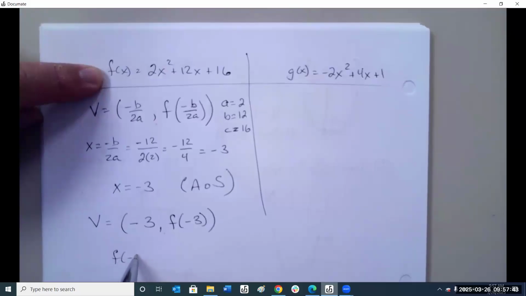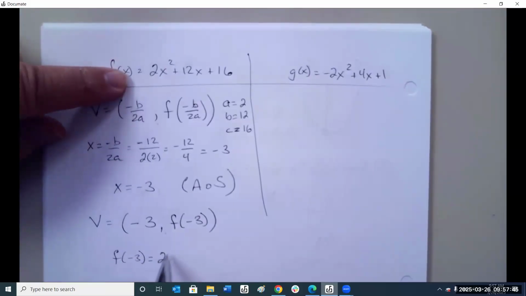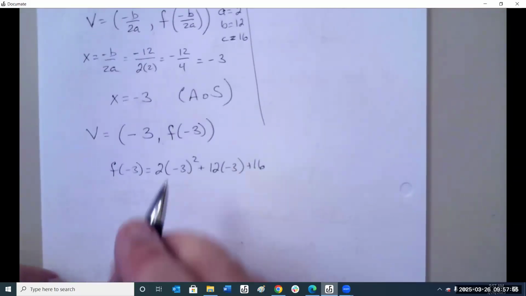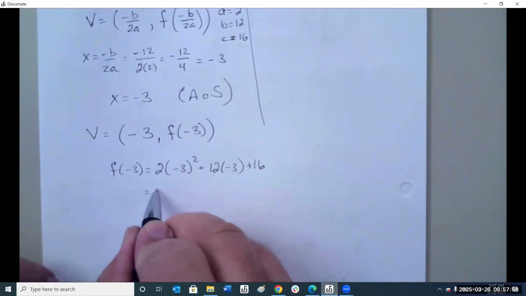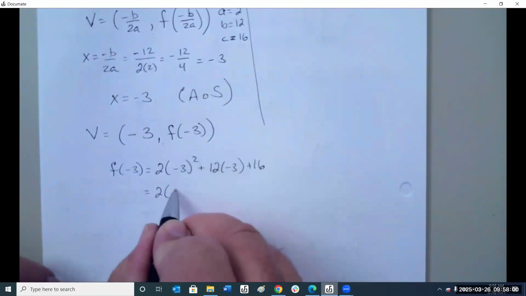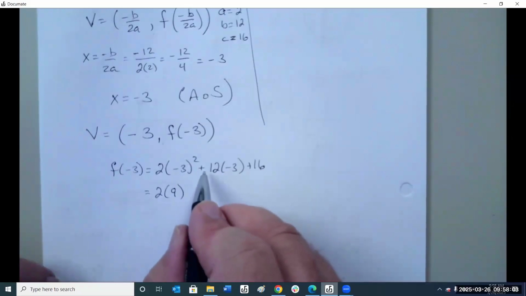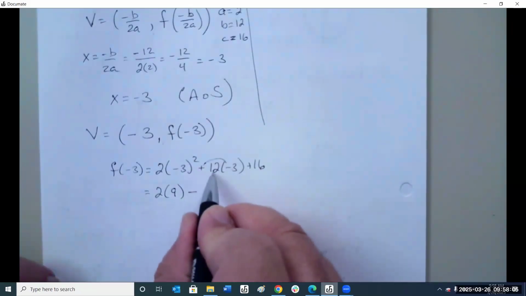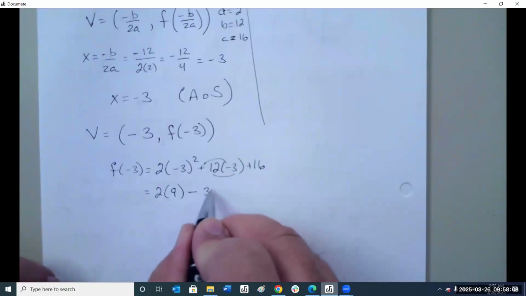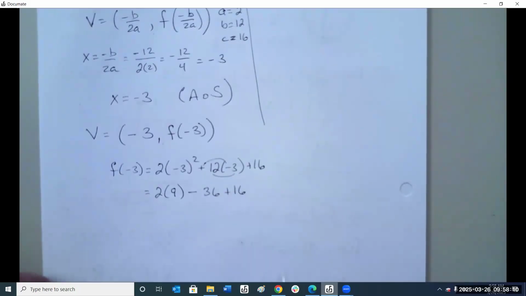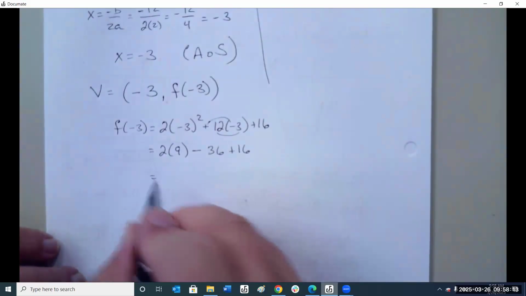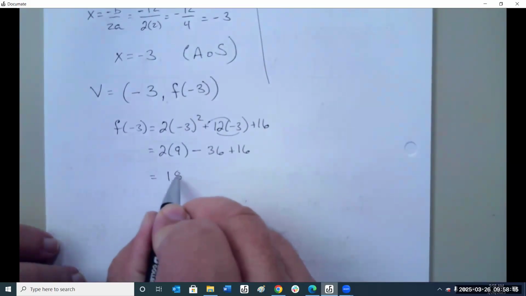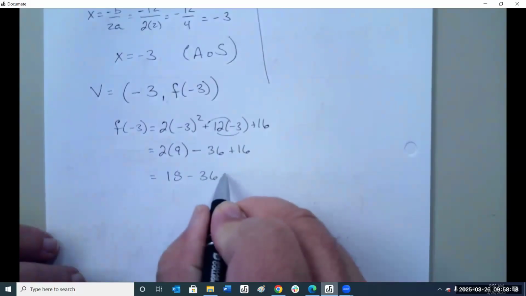So f of -3 is equal to 3 times -3 squared plus 12 times -3 plus 16. We'll work that out. -3 squared is +9. Negative times positive is negative. 12 times 3 is 36.